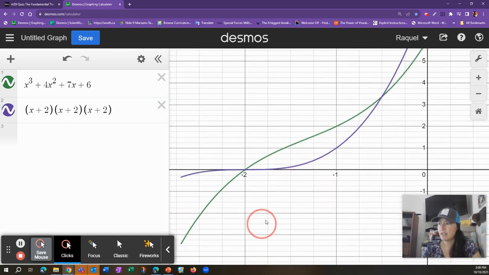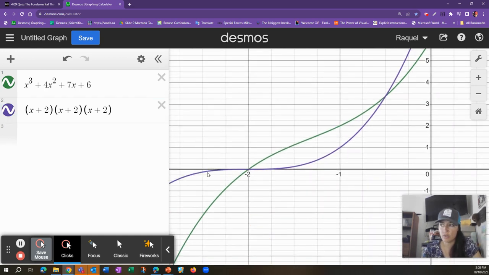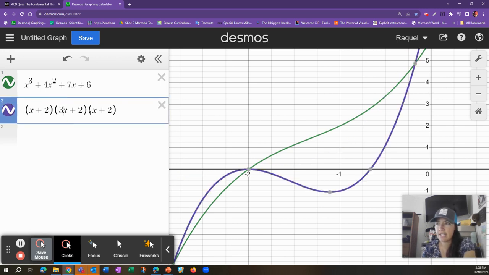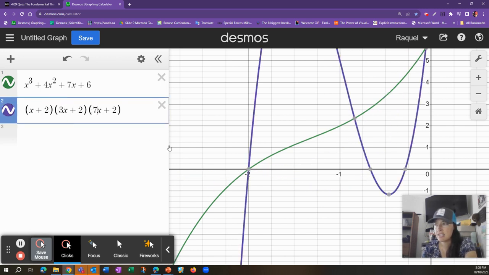Okay, see? So if negative 2 was repeated 3 times, see how it hugs the graph, crosses, and goes up. So we know this is not fully factored form, and really no version of it, meaning no other numbers, maybe because there's a 7x and a 4x, nothing else in here is going to change it. Yeah, okay, this one just completely crosses.